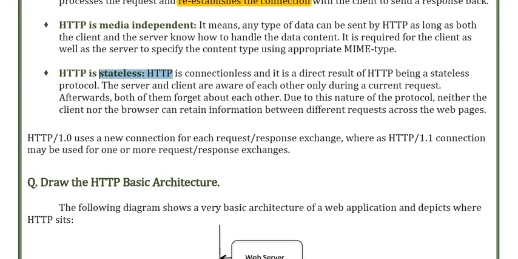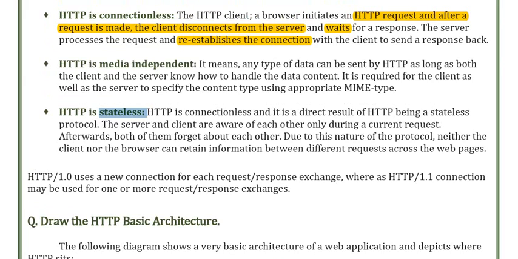That's why it is known as stateless, because when the client sends the request to the server, after sending the request, the connection is broken. That is why HTTP is connectionless and the server does the same work. So there is no certain state, and that is why HTTP is called a stateless protocol.